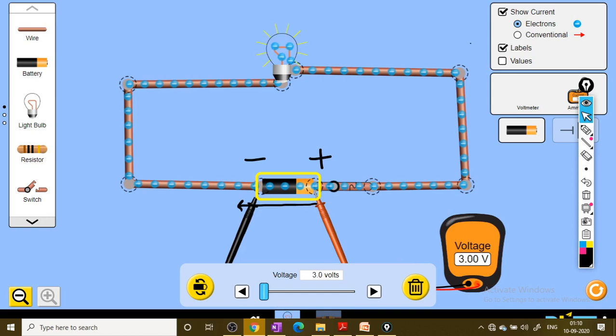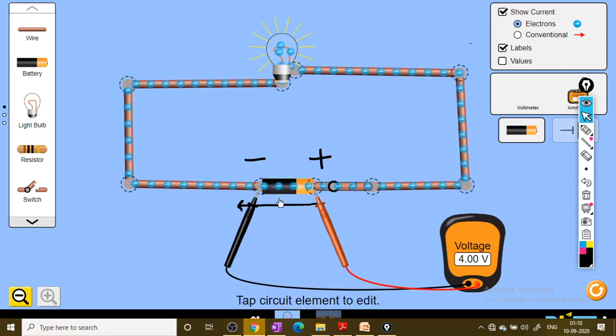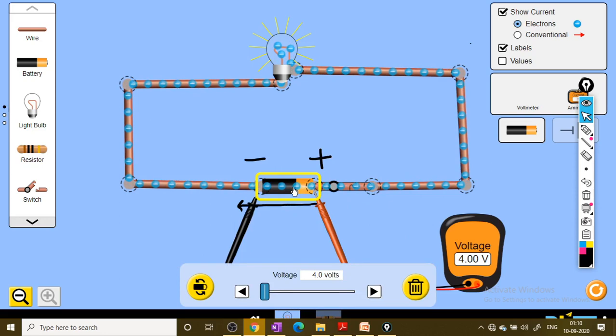Suppose I increase this a little, you can see now it is 4.5 volt. Now 4.5 volt is the potential difference between the positive terminal and negative terminal across the cell. Without the existence of potential difference, electrons do not move in the circuit. This is a very important point.